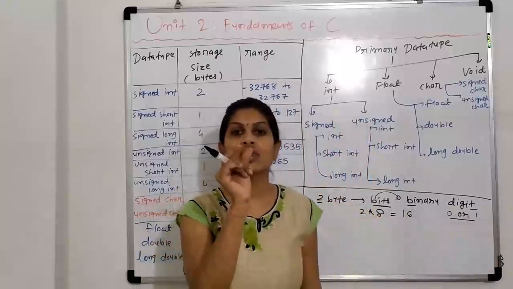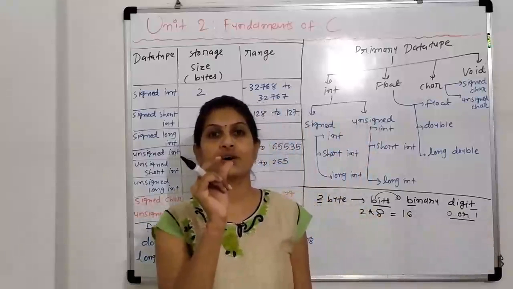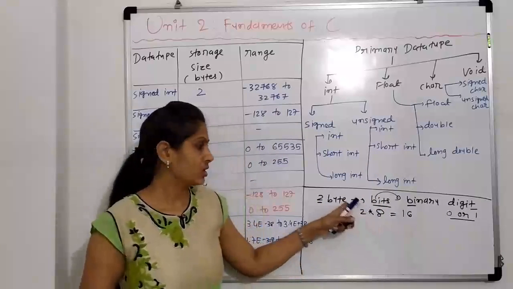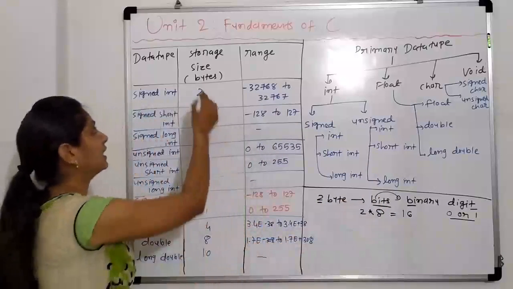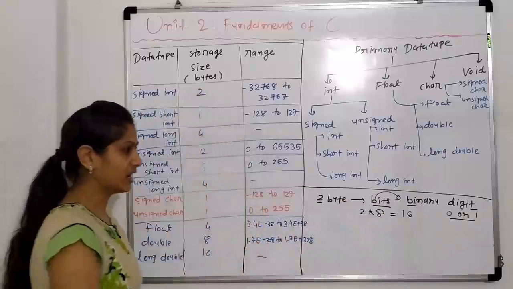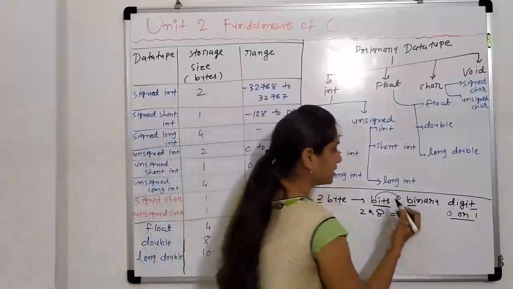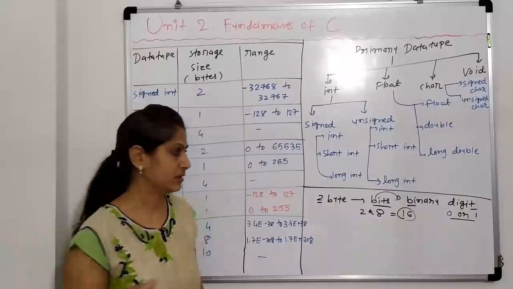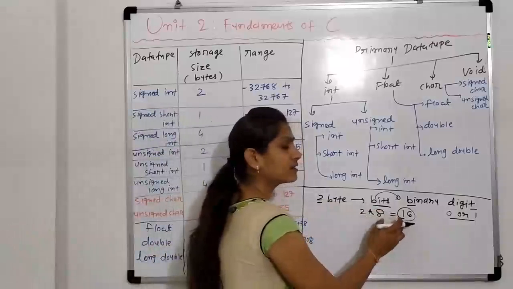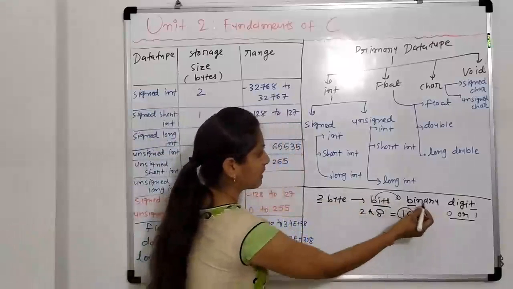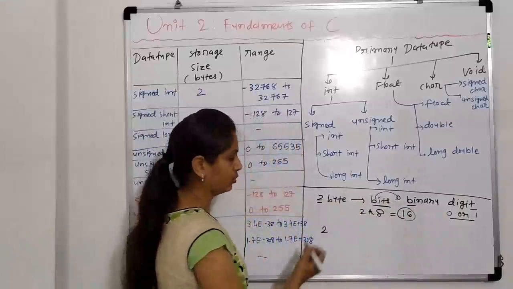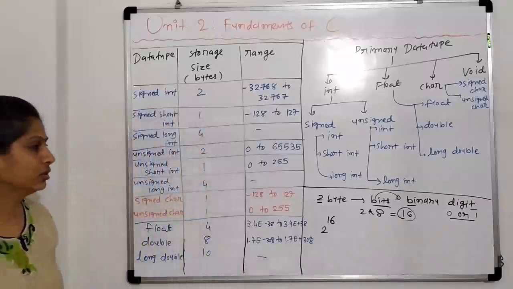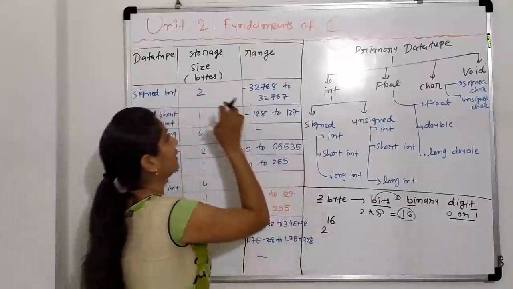The smallest individual unit of any binary code is called a bit. So for storing integer kind of data you need 16 bits. Now according to that size, it is binary, so the base is 2. 2 raised to 16 is the value for storing an integer value.